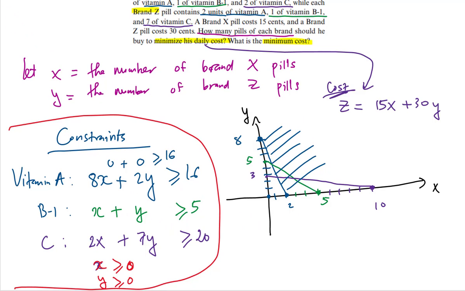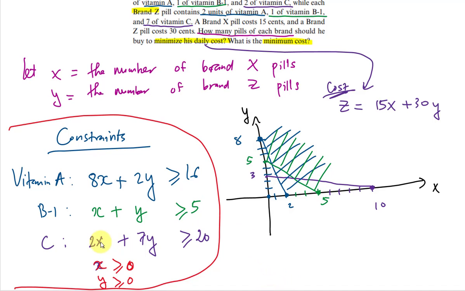Then for the next one, x plus y bigger than or equal to 5, again I'm using the test point 0, 0. So 0 plus 0, 0 cannot be bigger than 5, so that is also not true. So the origin is not inside the solutions. So I'm shading this portion, right?